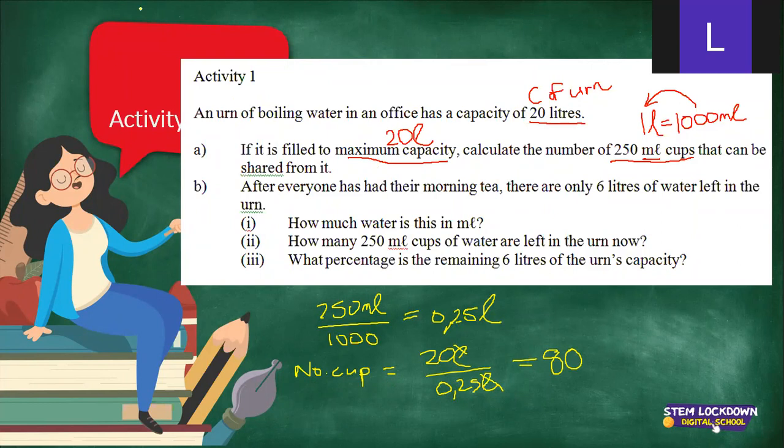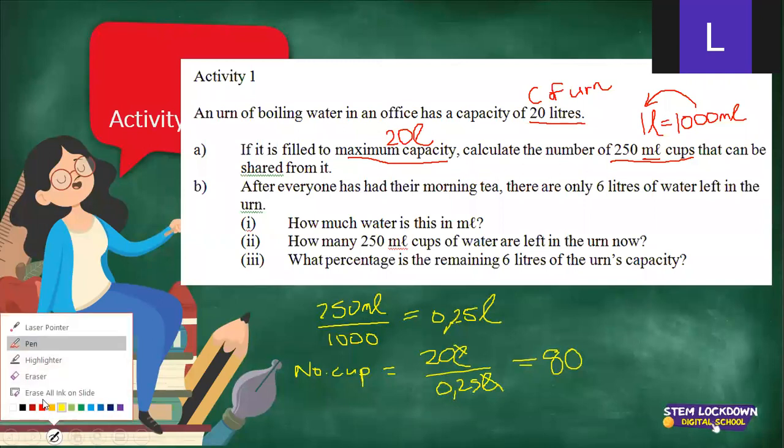Okay. Now in this case, after everyone has had their morning tea, there are only 6 liters of water left in the end. So obviously it was 20, now there are 6. Okay, let me just use my red.